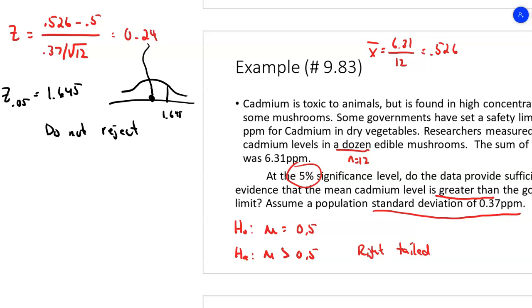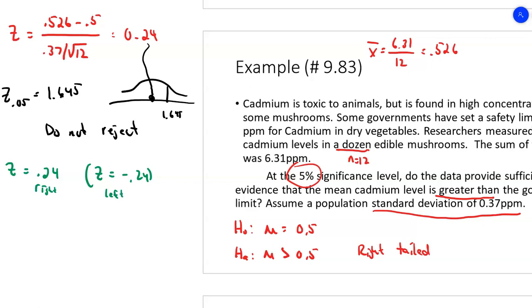All right, if you want to try this with the p-value approach, look on the chart at z equals 0.24, but I'm actually going to use z equals negative 0.24, because I want the area to the right of positive 0.24, and the area to the right of this is the same as the area to the left of that.